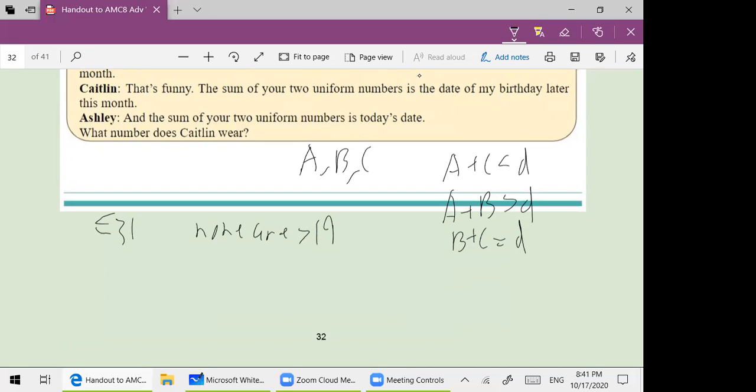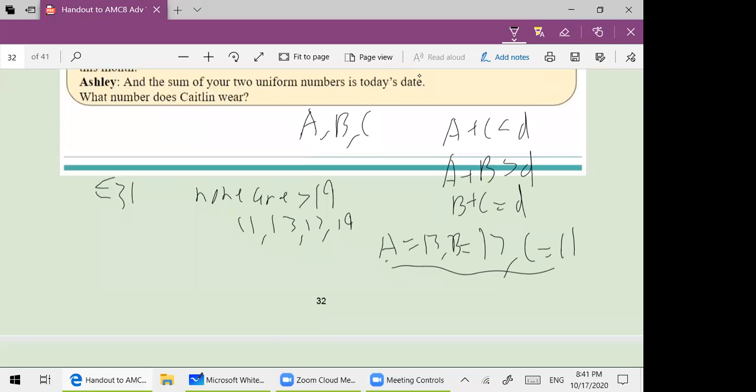And so you can do some elimination because the three uniform numbers must be these. And after doing some elimination, the only case where everything works out is this.